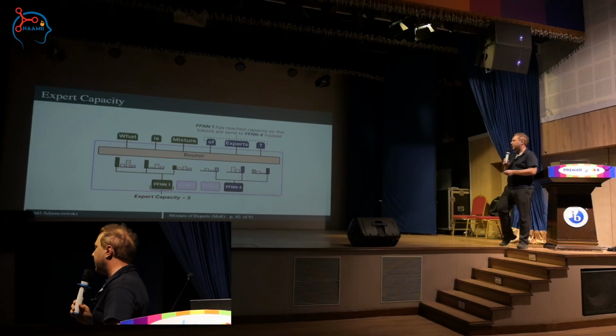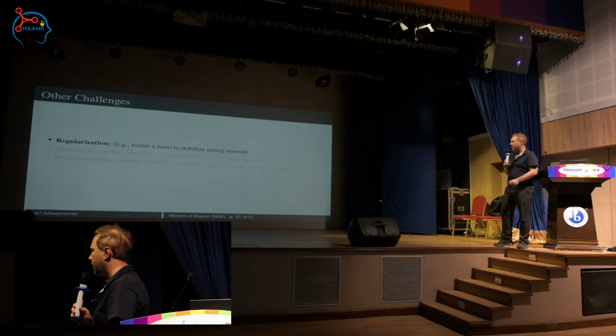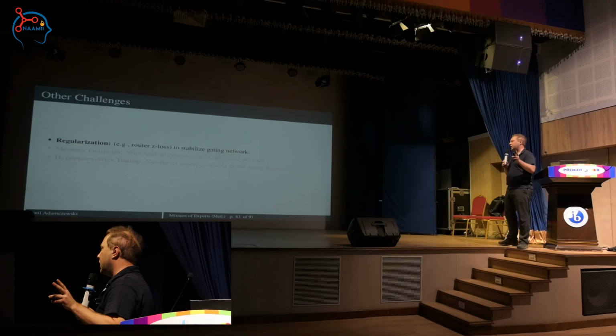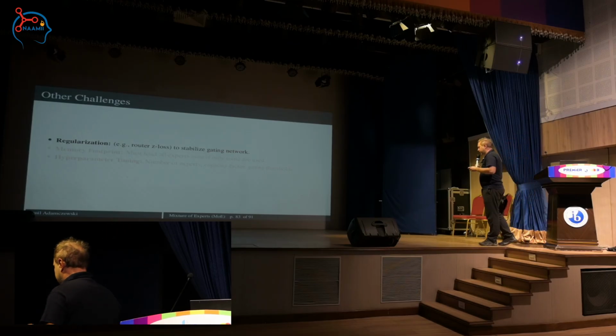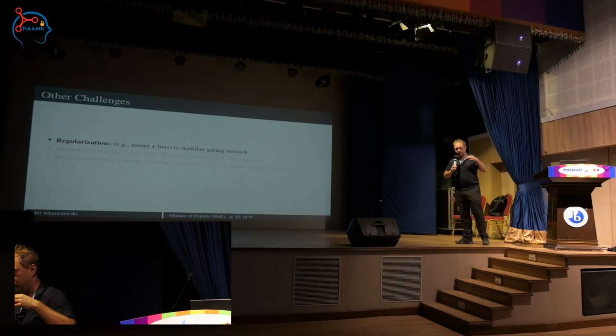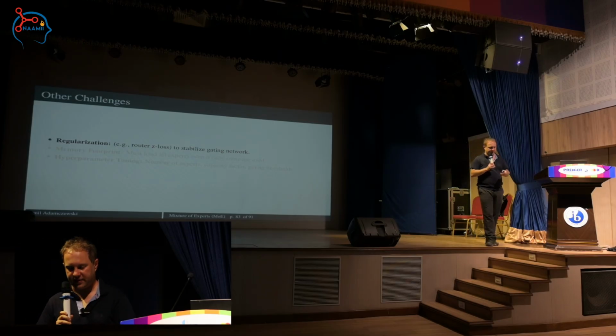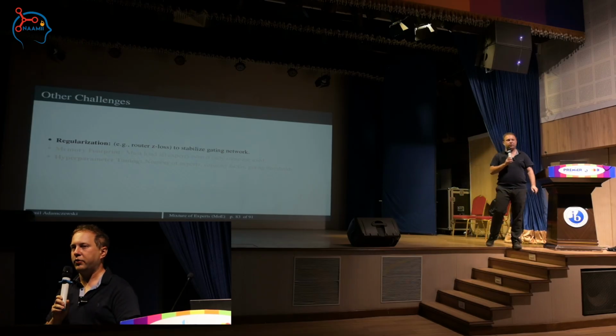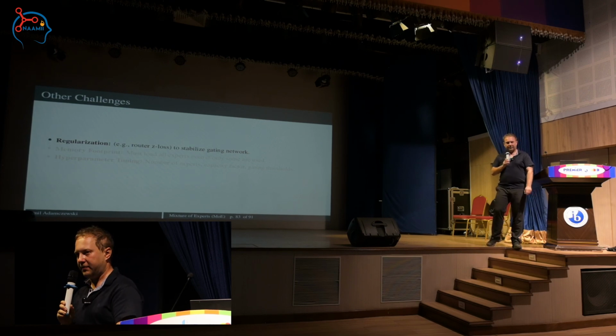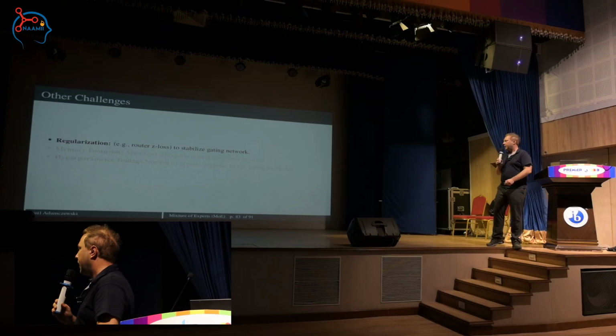But that is not so relevant. The big idea is that we have a certain capacity for each expert. Okay, so we had these two challenges about how we balance the experts. This is a very, very important problem and key to making the mixture of experts work.